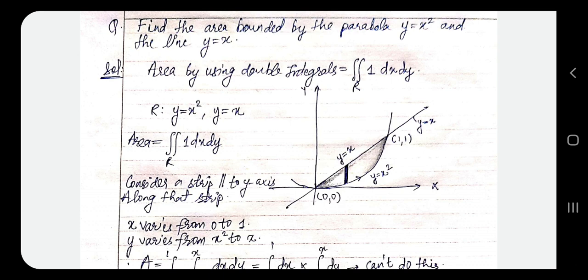You have to integrate 1 instead of f of xy to obtain the area. So what is the region? Region is bounded by that parabola and that straight line. So R is the region between y is equal to x square and y is equal to x. This is the diagram.